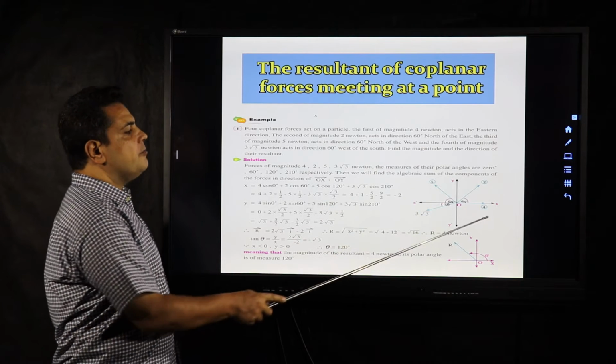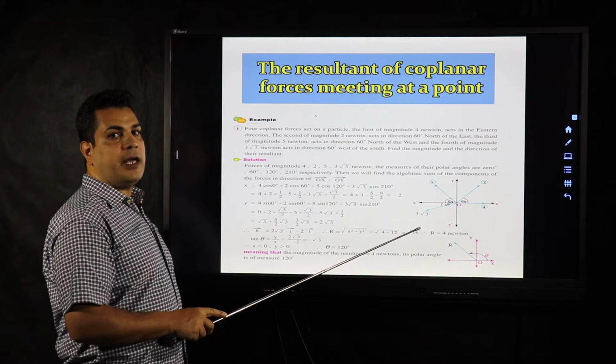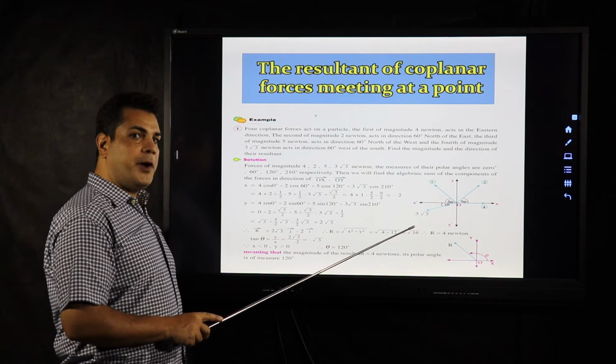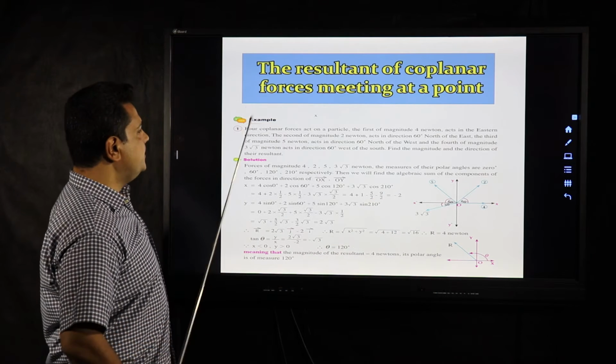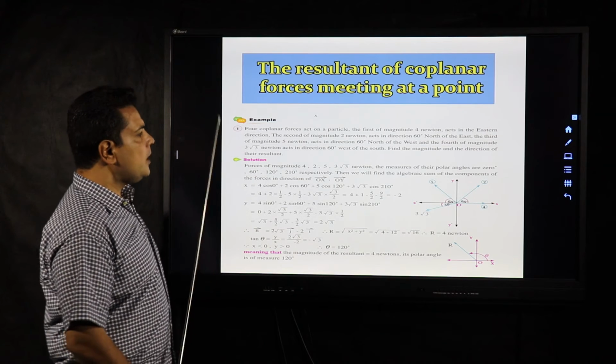But if we have more than two forces, we can find the resultant as follows.